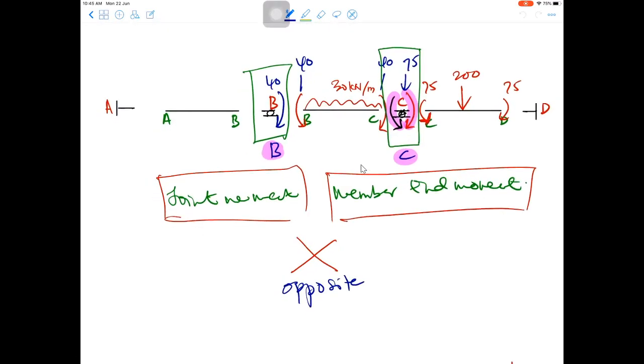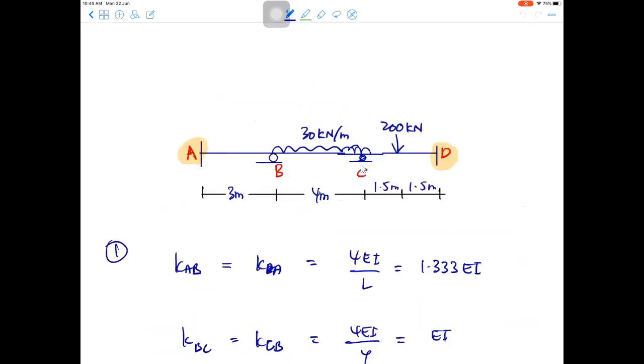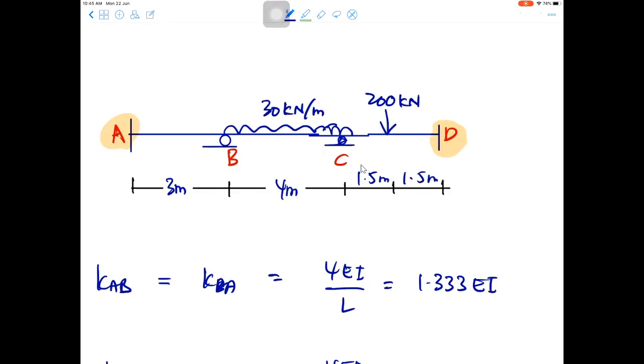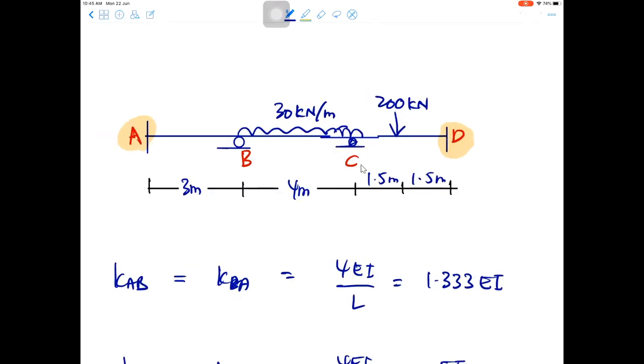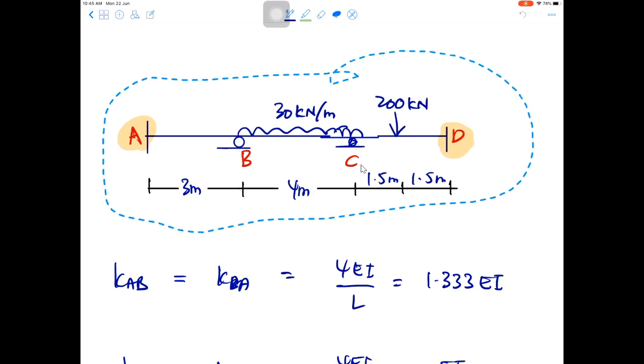This is a continuous beam A, B, C, D. Now we want to reanalyze this considering support settlement. I will copy this first.